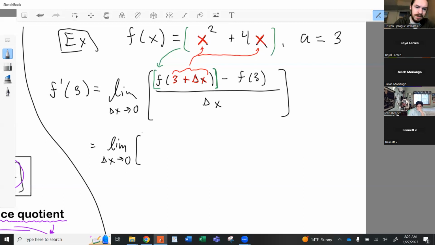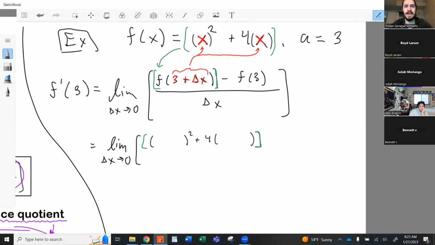My recommendation is to look at the numerator and see we're going to have a big chunk of stuff here, which represents f of 3 plus delta x. I want to write out the entire f function, but wherever there's an x, I'm just going to put a blank pair of parentheses, like x squared plus 4x.